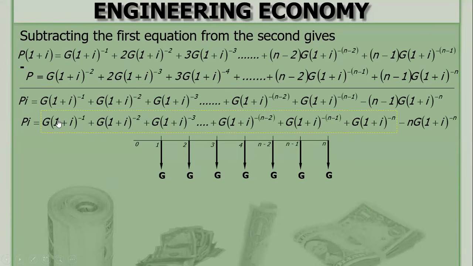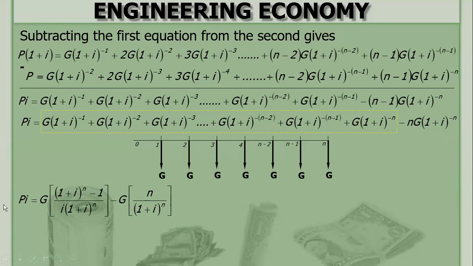So PI is equal to the formula of P minus this one. Okay, this is for ordinary annuity, and the annuity is G. And then the second term, extract G and then n, 1 plus I raised to negative n, put in the denominator, positive exponent already.